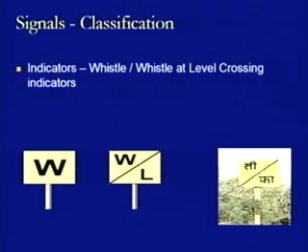Then we have another type of indicator, which is termed as whistle indicator or whistle at level crossing indicator. This is an indicator given to the drivers so as to blow the whistle of their train.